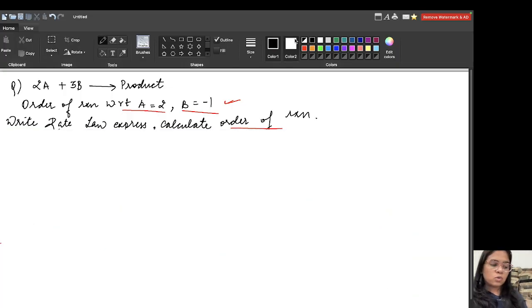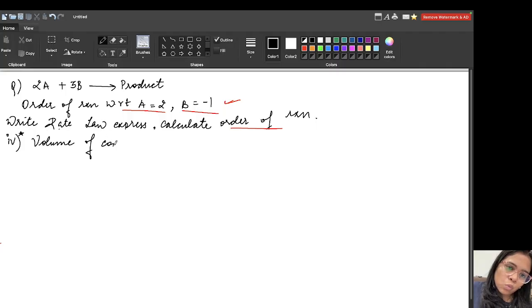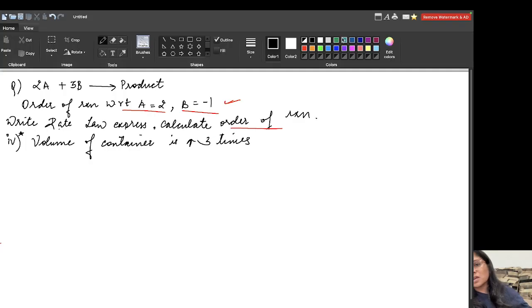Fourth part is telling you, okay, this is important, volume of container. Now this time what they are doing, volume of container is increasing 3 times. Okay, how do you do this? Just check the relation between your concentration and volume.